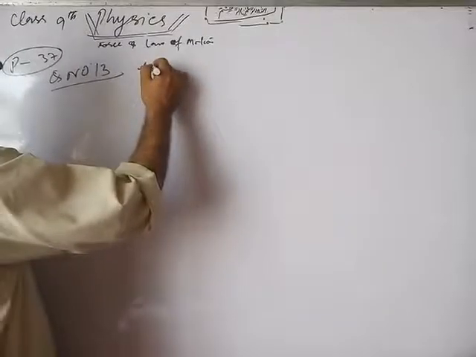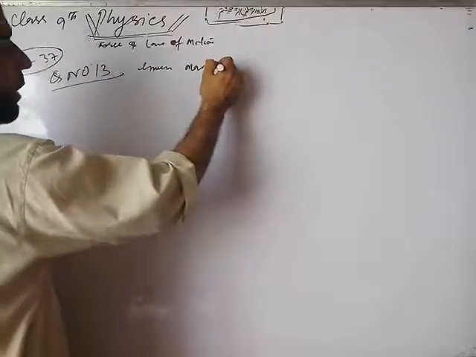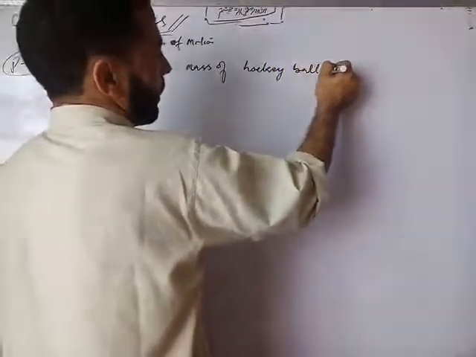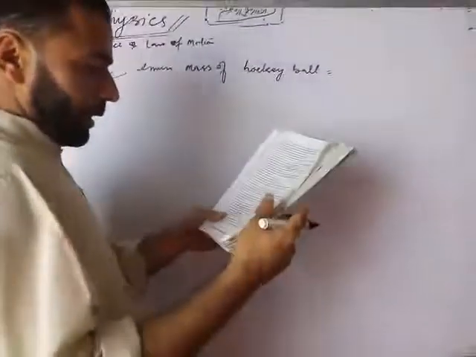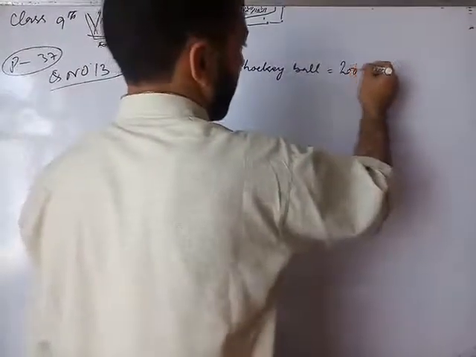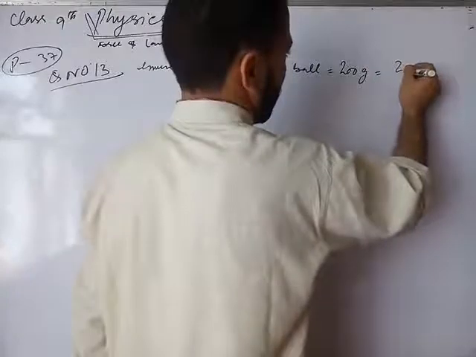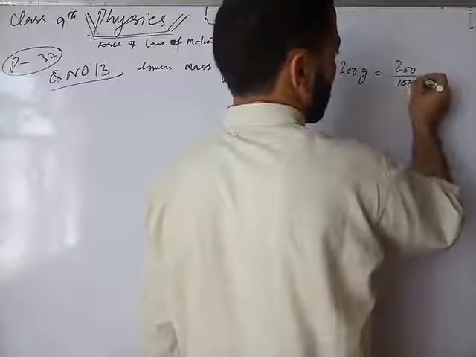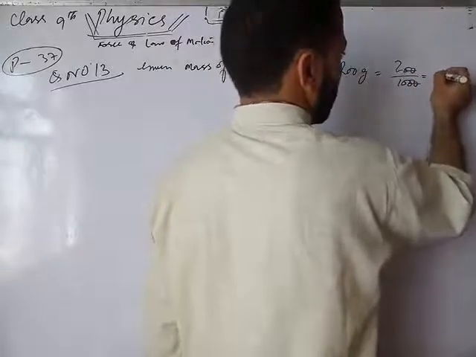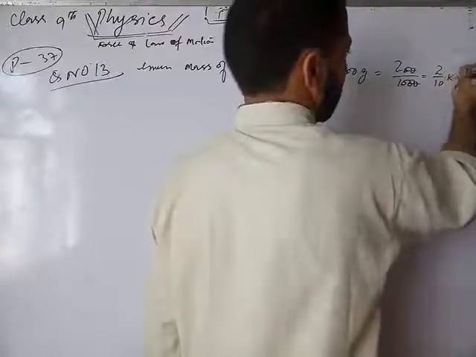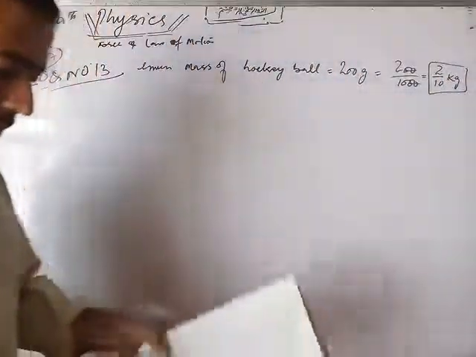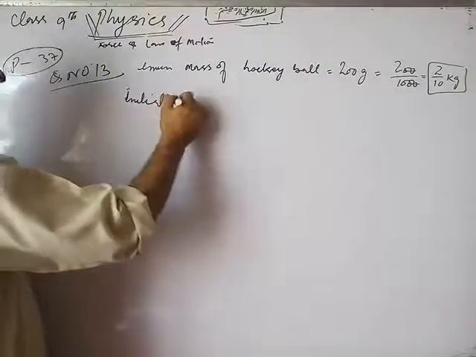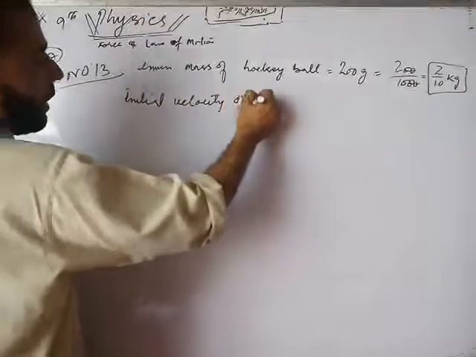शाबाश, given: mass of hockey ball, कितना है? 200 grams, that is equal to 200 divided by 1000, 0 cancel, 2 divided by 10 kilograms. शाबाश, initial velocity of ball, पहले क्या velocity थी?